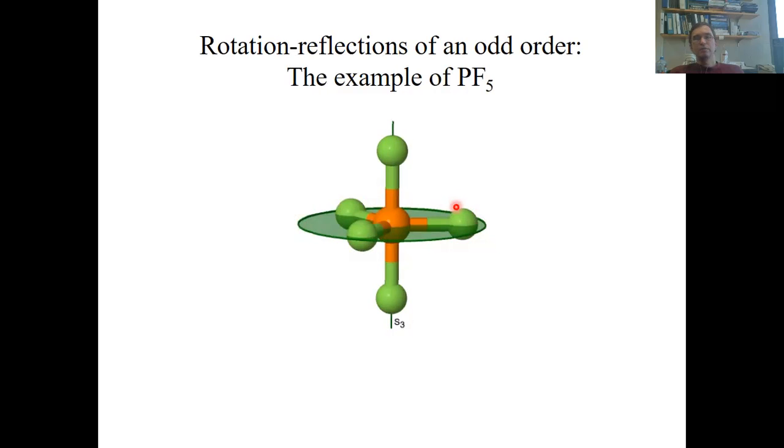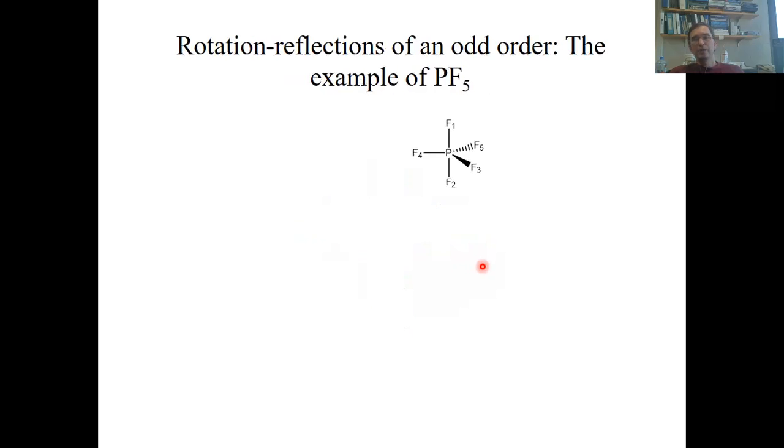And now, as we carry out the symmetry operation, first we rotate, and then we reflect. So now we have to do this 6 times, because the order of our improper rotational axis is odd, 3 in this case.